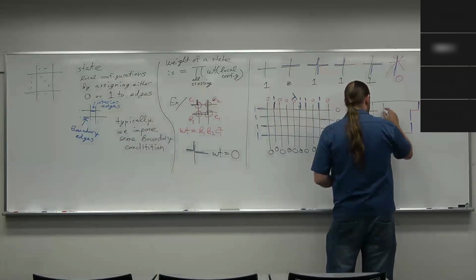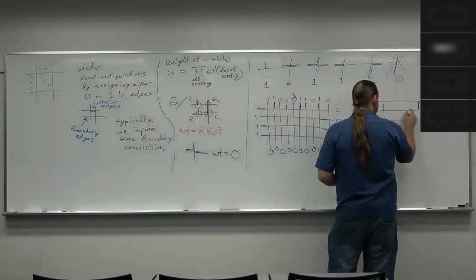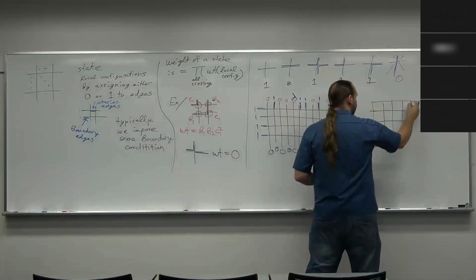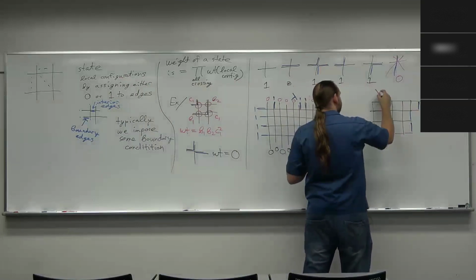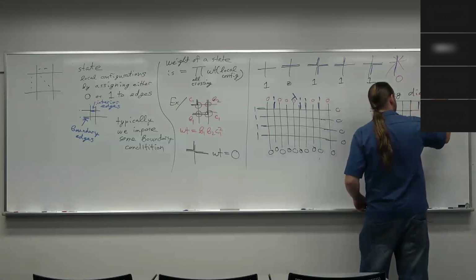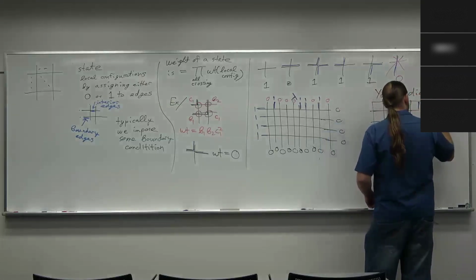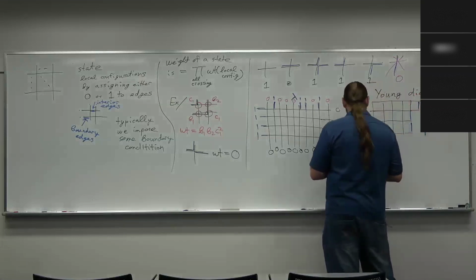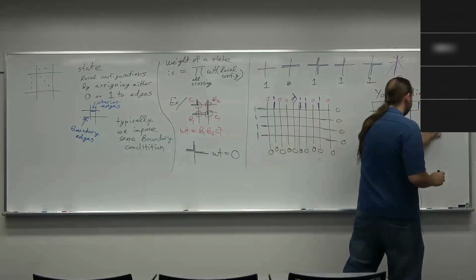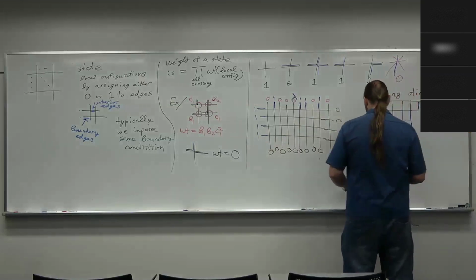And so now I complete the picture in the following way. And this is known as the Young diagram of the partition lambda.